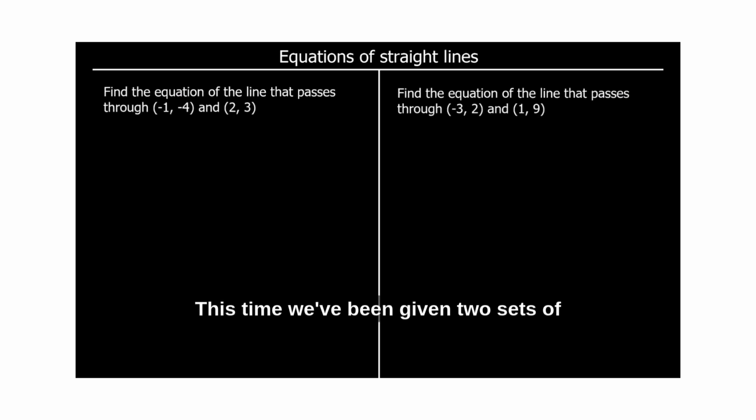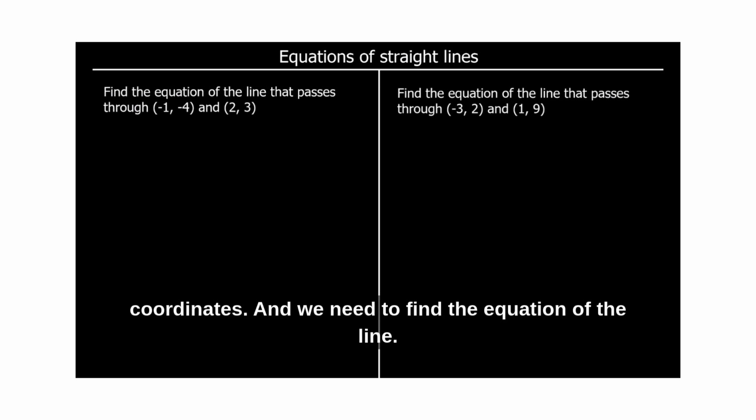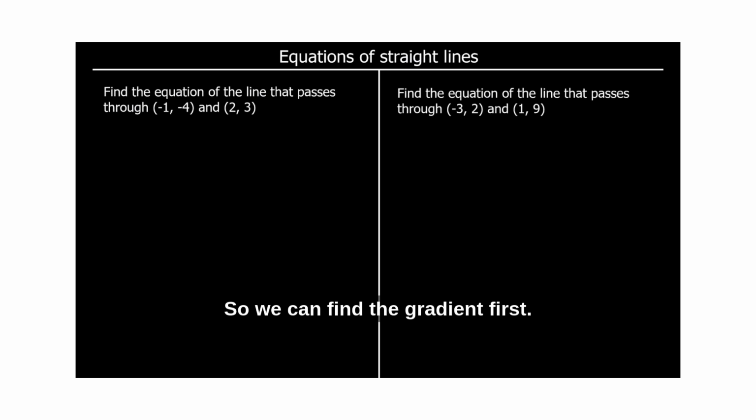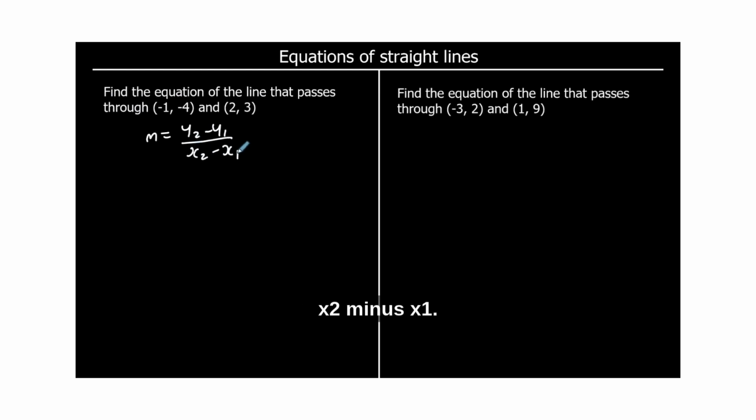This time we've been given two sets of coordinates and we need to find the equation of the line. So we can find the gradient first, and to do that we use the change in y over the change in x. So y2 minus y1 over x2 minus x1. And let's have x1 y1, x2 y2, and just substitute them in.